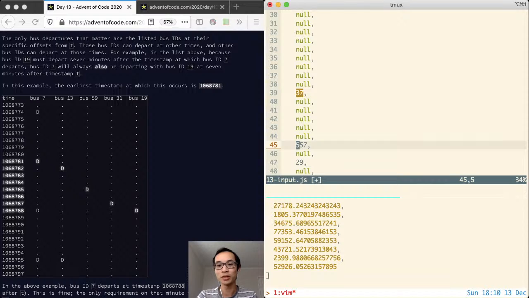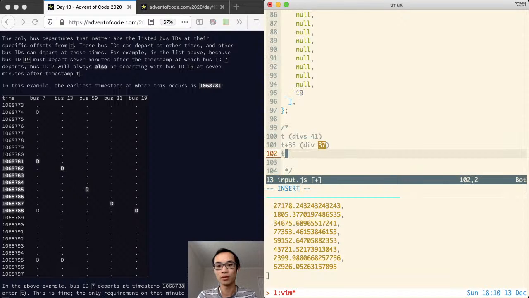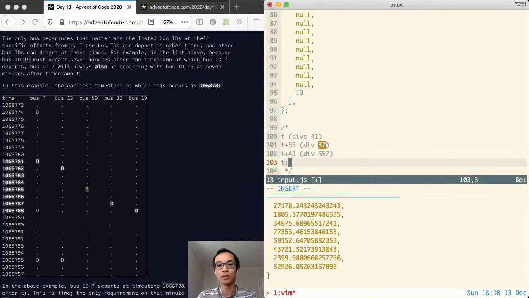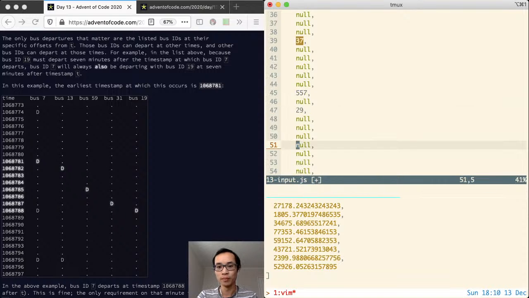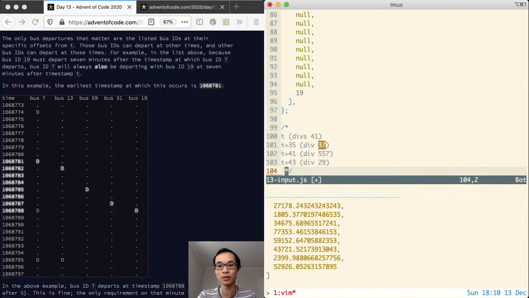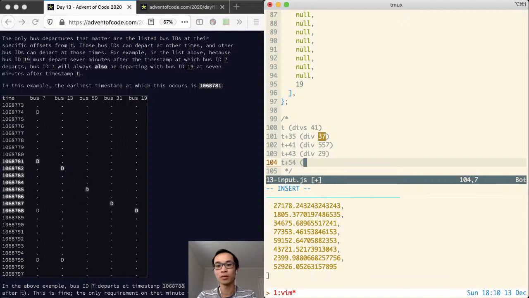T plus 41 has to divide 557. T plus 43 has to divide 29. T plus 54 divides 13.